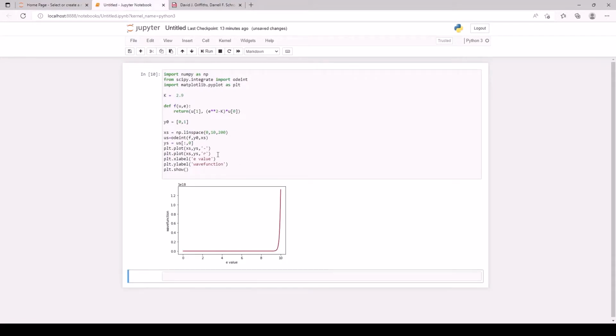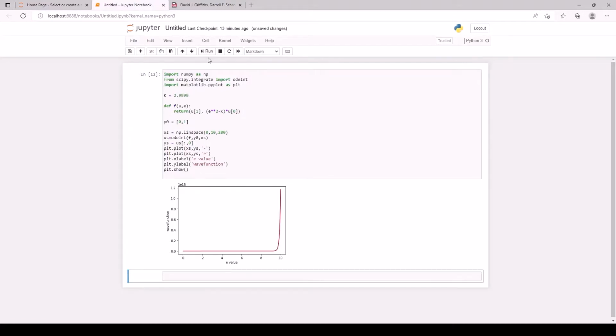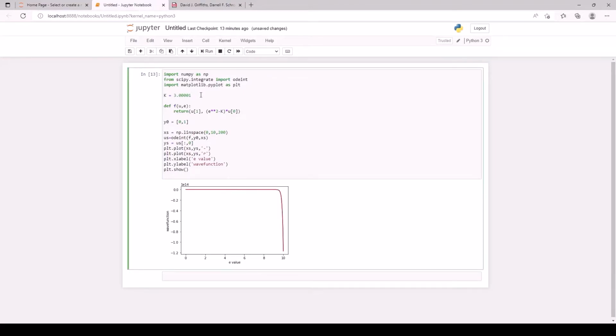And then we see here now that for 2.9 it goes up, and if we switch to 3.1, it now goes down. So you can do this up to 3 sig figs, 2.99999, and then 3.00001, and you see that this behavior is the same. Therefore, k equals 3 is going to be a valid solution for k.